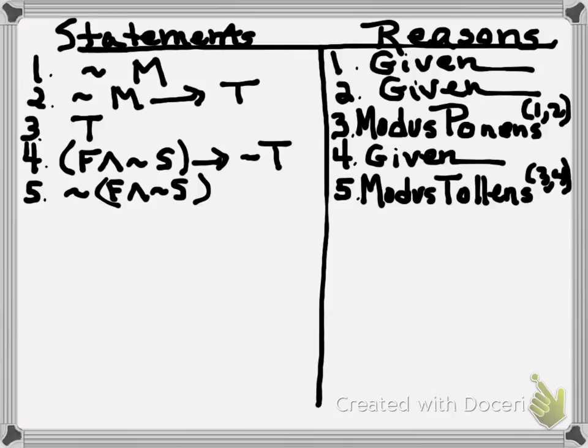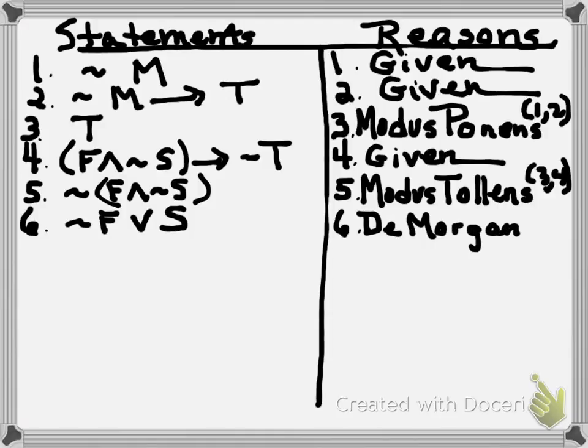That's why this works. All right, now in number 6, we are actually going to simplify by De Morgan's. We have not F or not S is S. And that's by De Morgan's. Just on line 5. Now I'm just going to let that stay there for a minute, number 6.